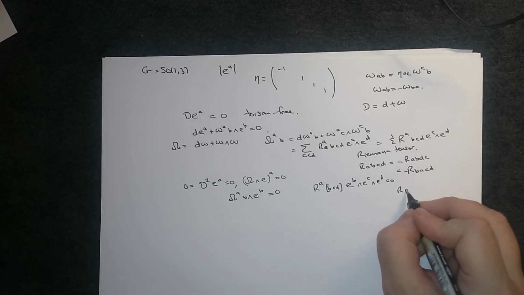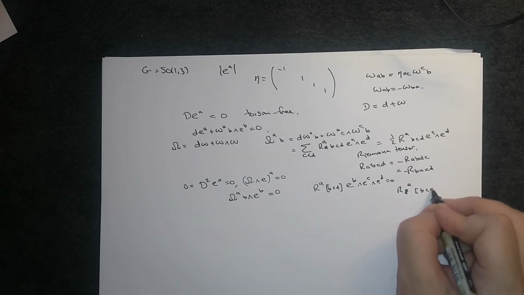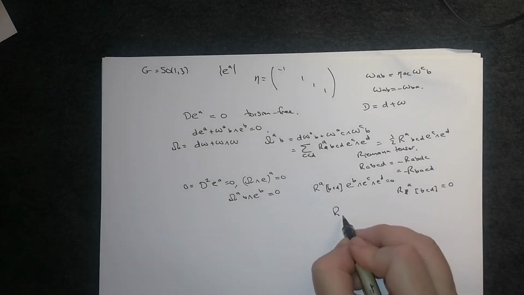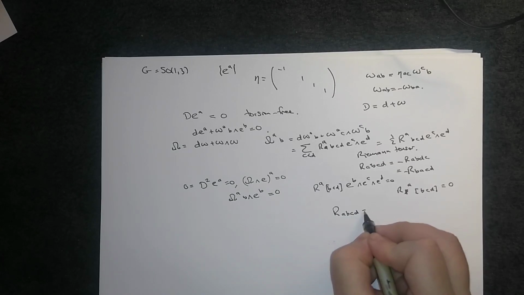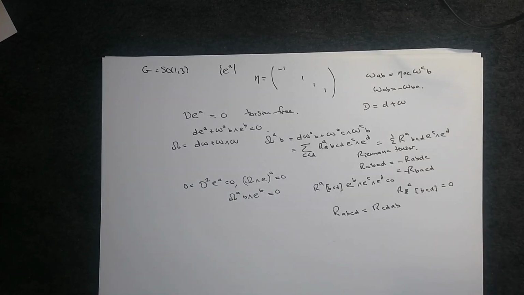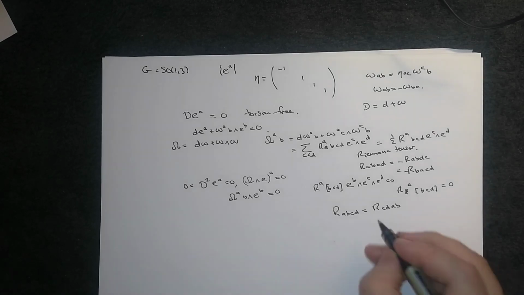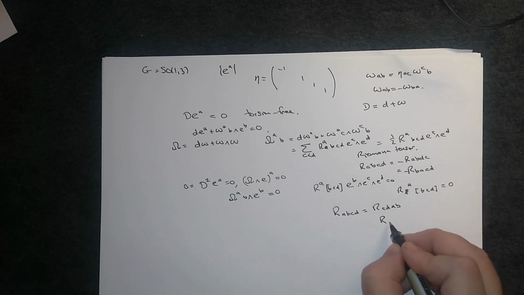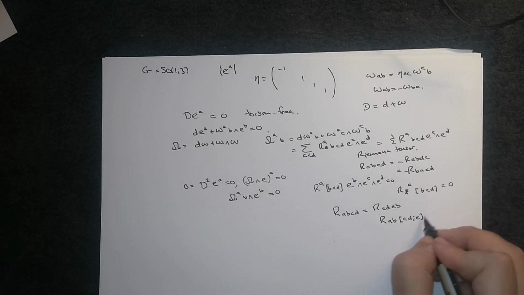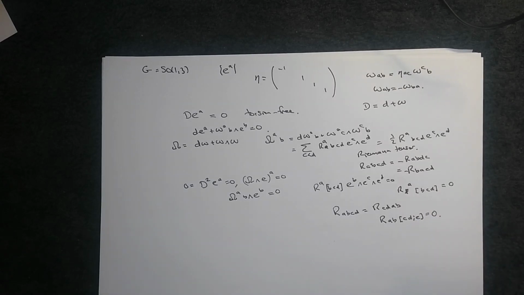So R^A_[Bcd] is 0. Now if I use this condition and these ones up here, I will also, it's a very small calculation, show that we have this result here, swapping the first pair of indices with the second pair of indices, symmetric under that change. The Bianchi identity is then R_AB_cd;e antisymmetrized is 0. We won't be using that.